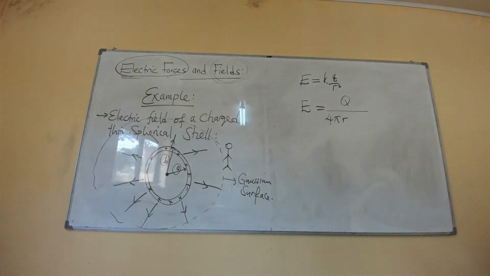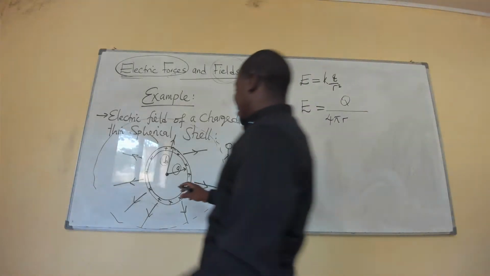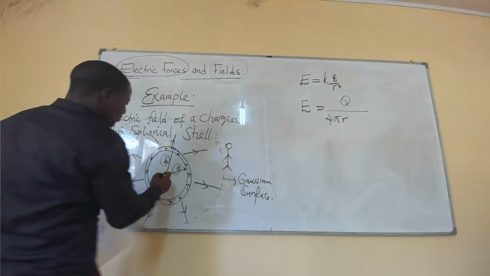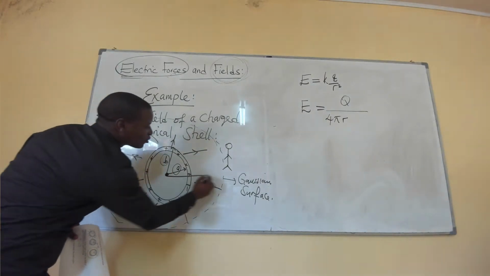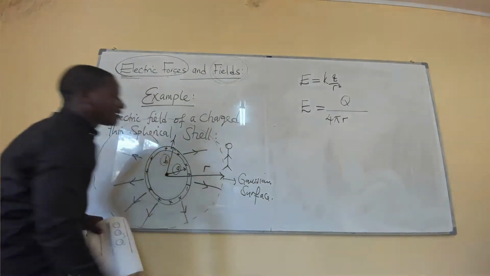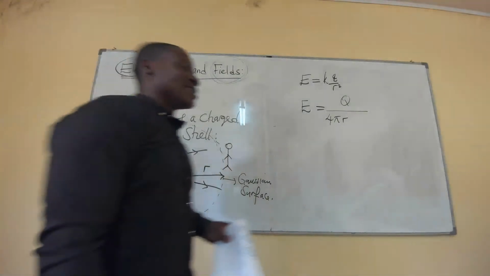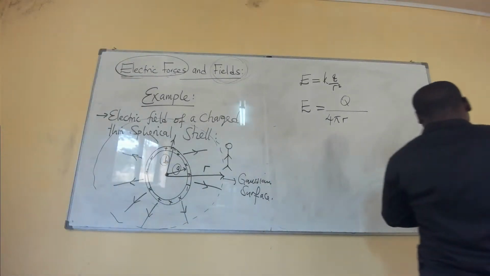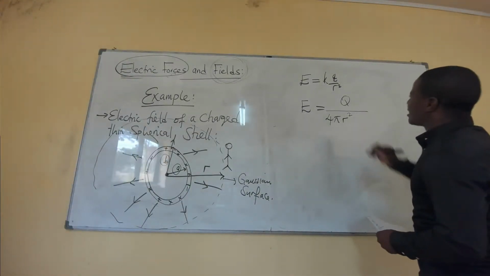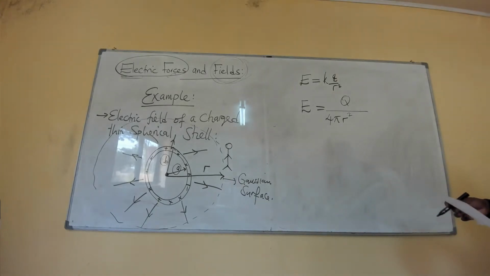So where is our r in this case? If you see, our r is nothing but the distance from here up to where we are. This is our r. So that gives us the 4 pi r. Then this, of course, is squared. Don't forget about the square.